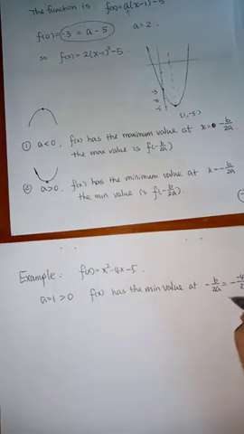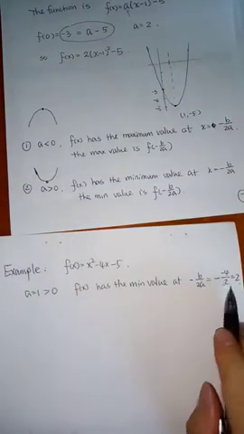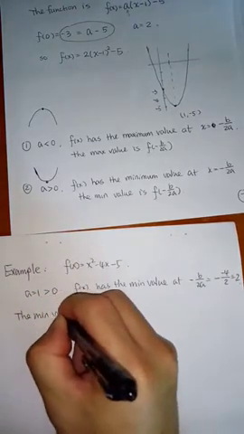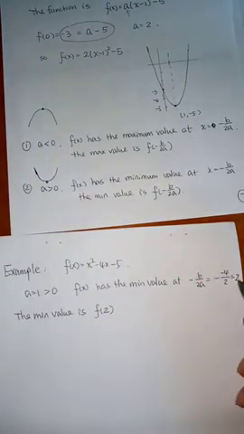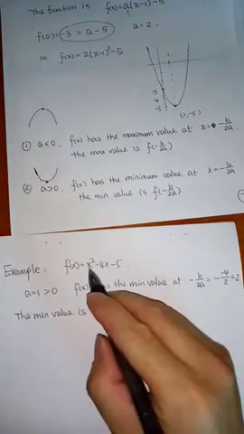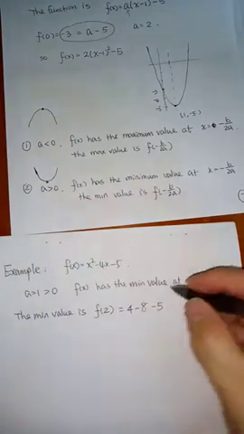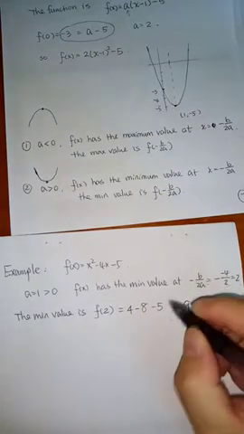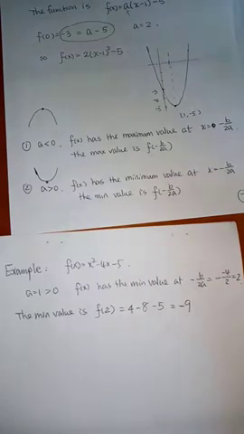So this is equal to 2. The minimum value is f of 2. You find the place and you evaluate the function at the right place. So 2 squared minus 4 times 2 minus 5, so it's equal to negative 9. So the minimum value is negative 9. It occurs at 2.